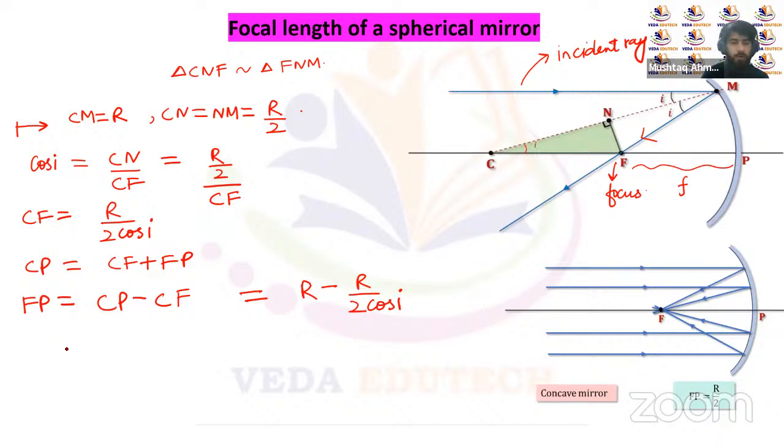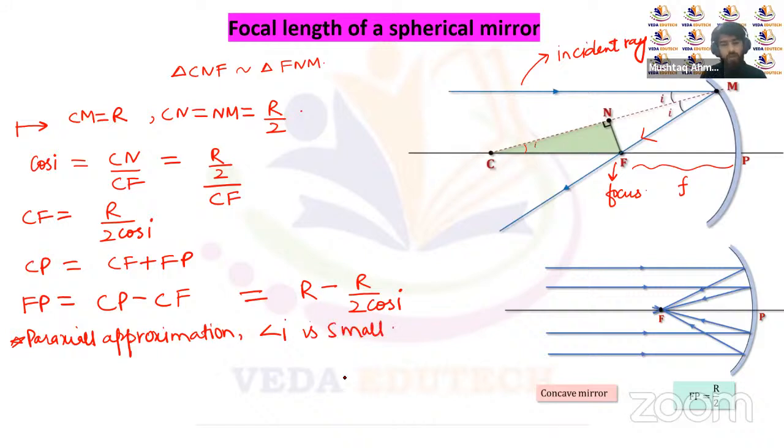So using the paraxial approximation, angle I will be small. If angle I is small, then cos I will tend to equal 1, so we can approximate cos I to 1, right?